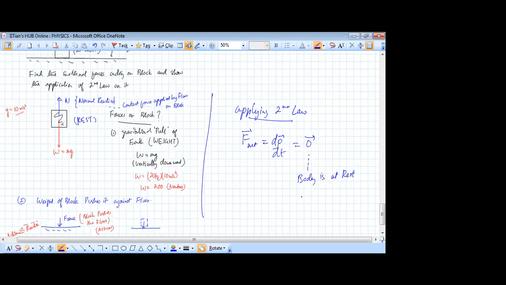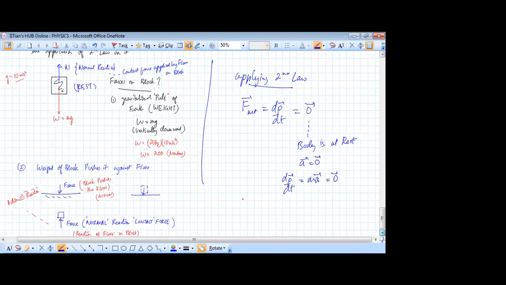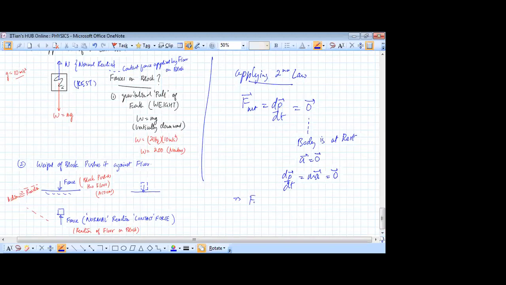So the acceleration of the body is 0. So rate of change of momentum, because it's a constant mass body, which is mass into acceleration, becomes 0. So that means the net force acting on the block should be 0.